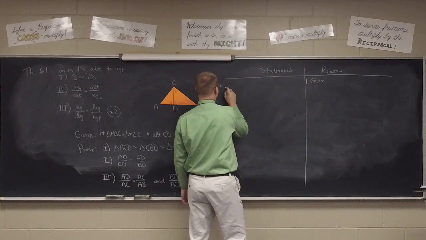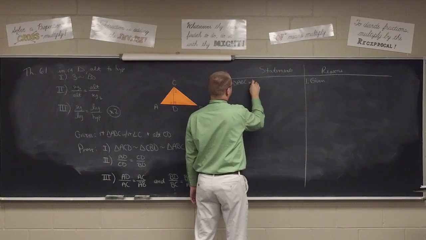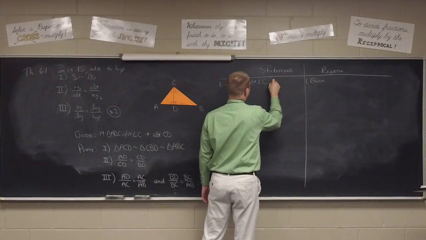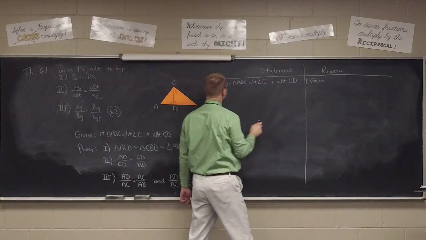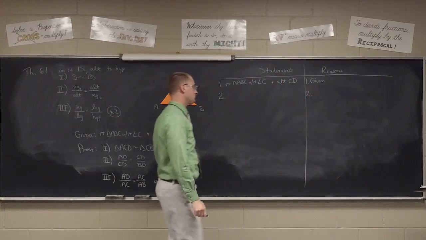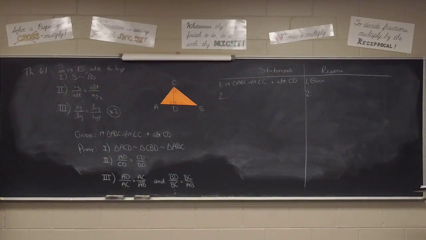Fortunately, a surprisingly short given: right triangle ABC with right angle C and altitude CD. All right. Altitude. Let me say that again.